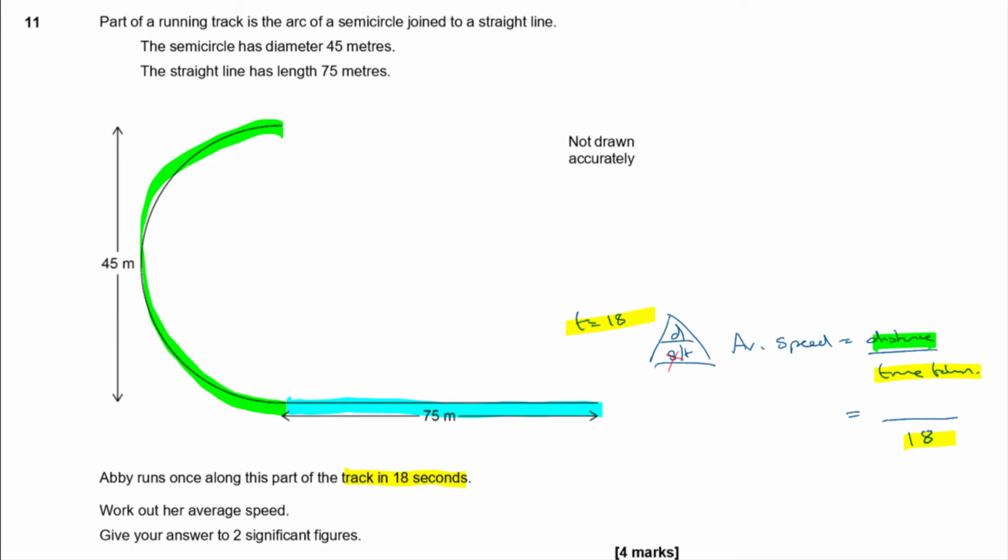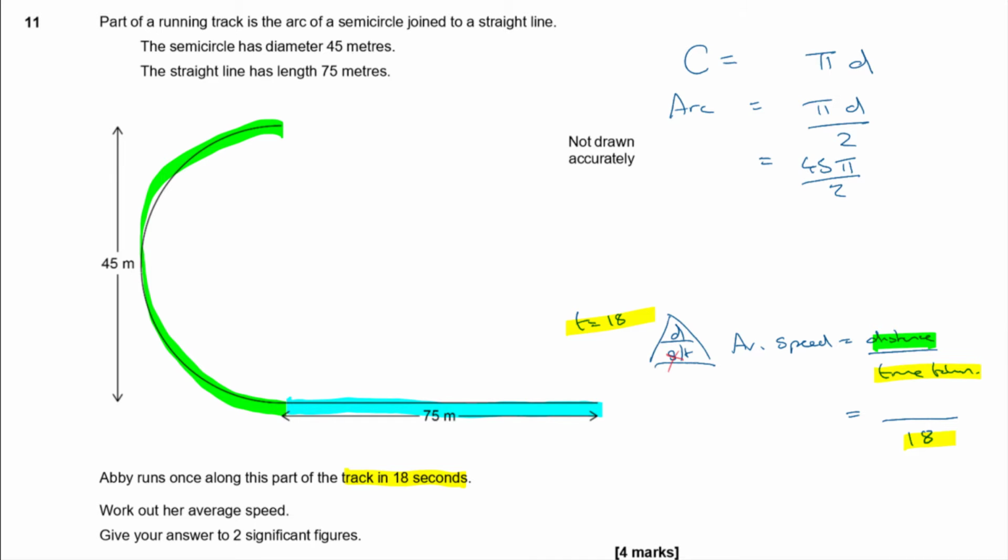We know that the diameter of the circle is 45, and the circumference of a circle is pi times its diameter. But we've got a semicircle, so our arc length is going to be half of that. It's going to be pi times diameter over 2, because it's half of a circle. So with diameter 45, it's going to be 45 pi over 2.